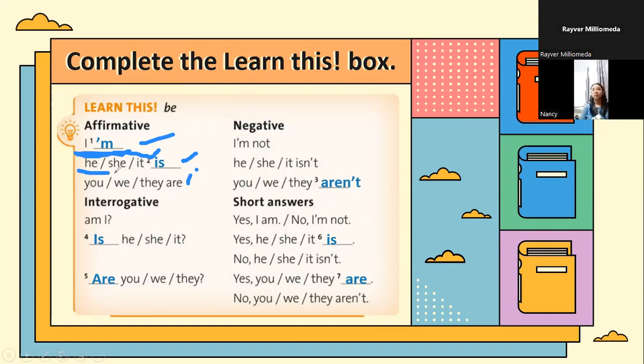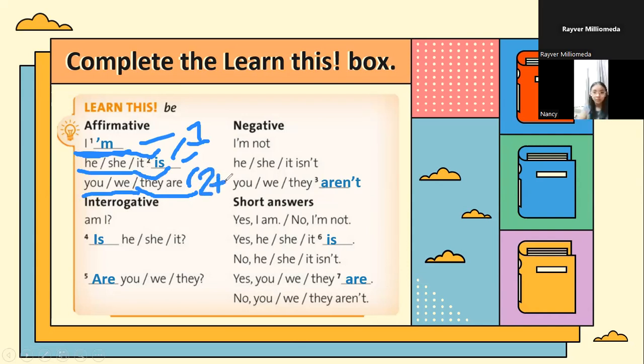So this is talking about a single person, and this is talking about many persons. That's why it is called they are. And when we say it is, there is only 1. But when we say they are, it is more than 2.